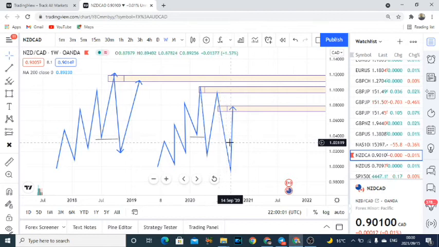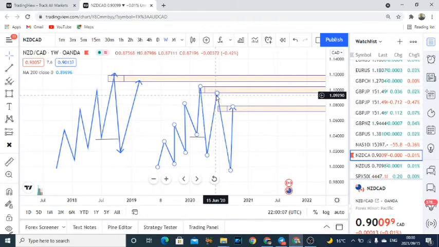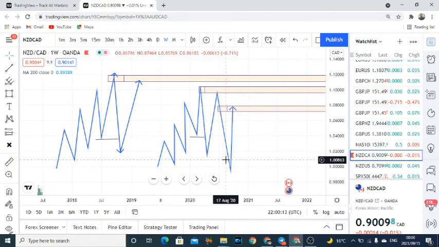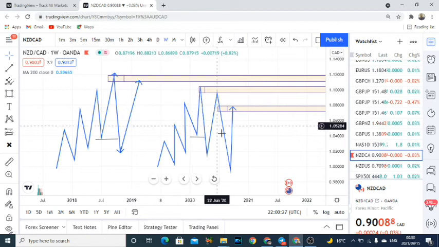Remember how this pattern has been formed. The higher low has been broken, and then you wait for the market to return to the order block and break down, break this higher low, this lower low, and then you take a trade on this order block. So you wait for this pattern on the lower time frame, like the 15-minute or the 30-minute time frame.